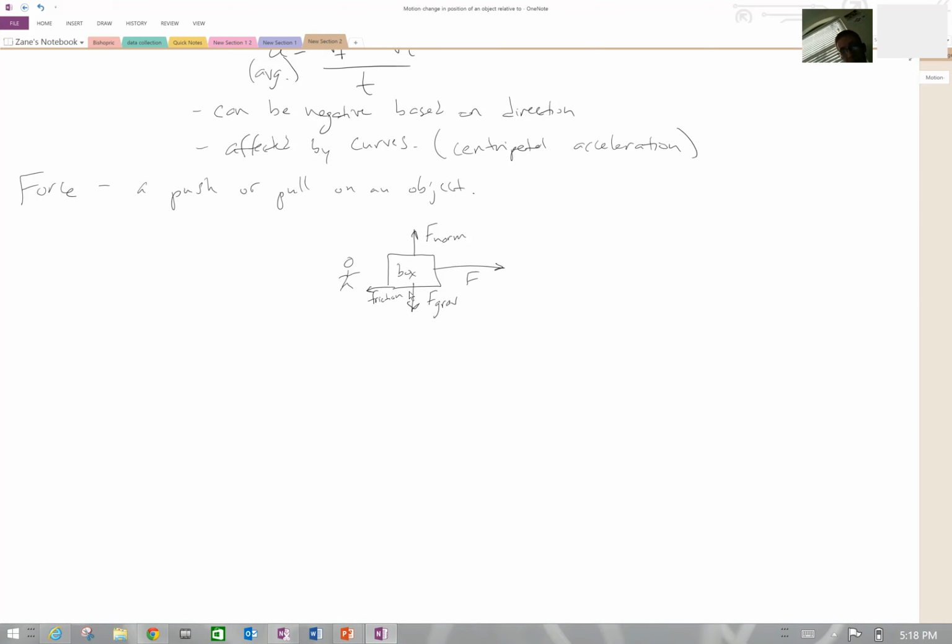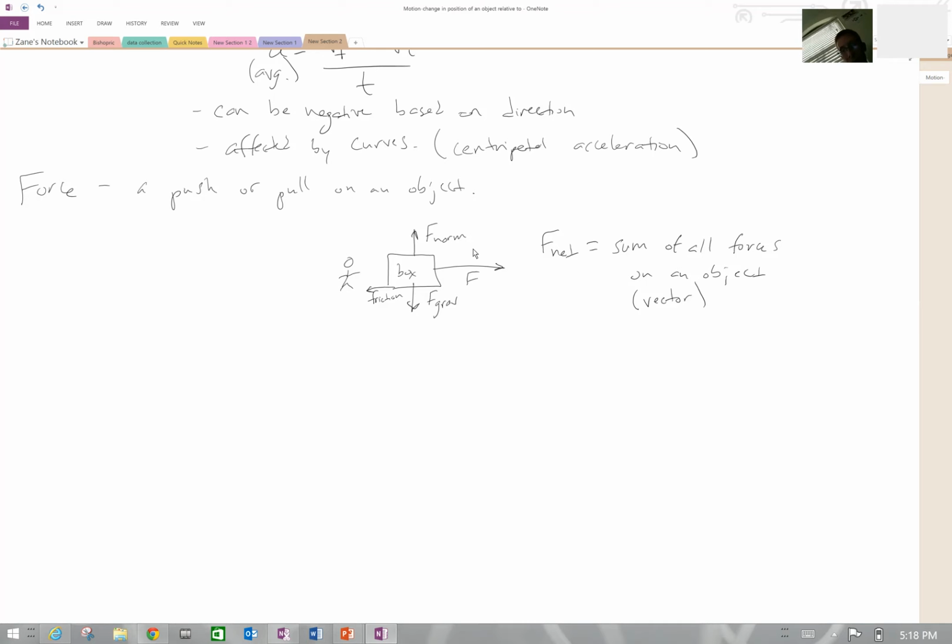Okay? Whenever we have all the forces an object is experiencing, we can calculate the net force. The net force is just the sum of all forces on an object. Now, be aware that because these forces have directions, force is also a vector quantity. So to calculate the net force on this object, we would need to know the magnitude of the force.